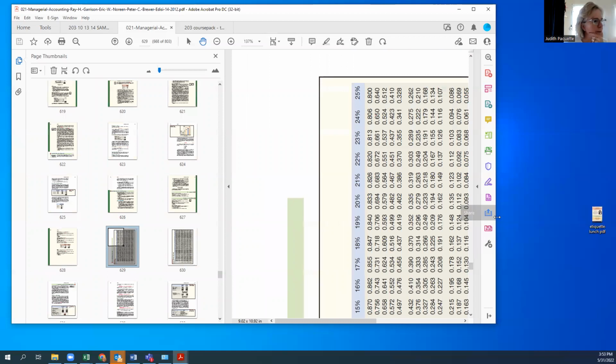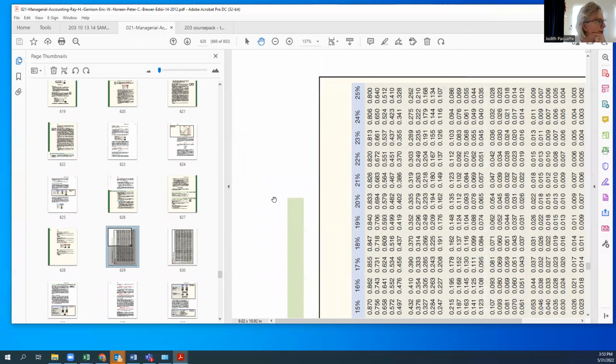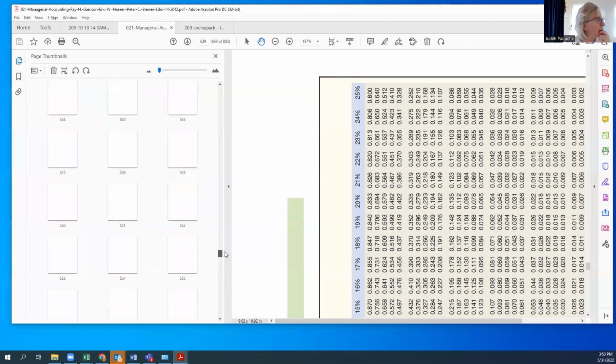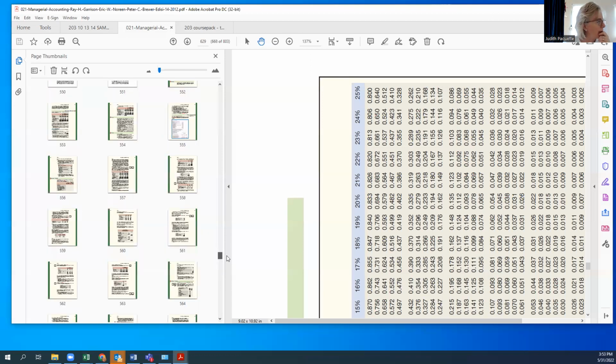It's page 629. Look on page 629 in your book, and I want 16%, 1 year, 2 years, and 3 years. I want the factors for those. I can see them in my book, but I want you guys to look them up.